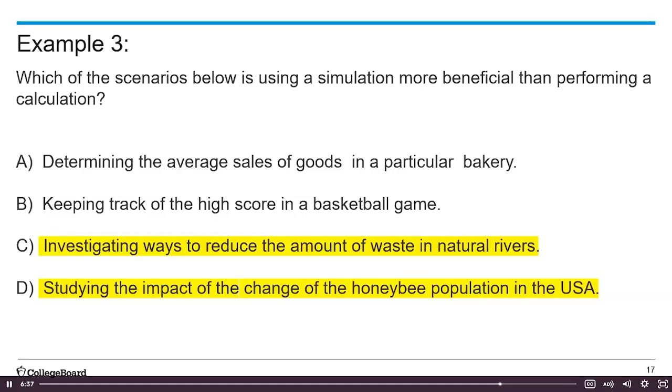But if you look at A, you're looking at average sales of goods in a particular bakery. That event occurred. You have those numbers. You can just do a straight up calculation. B, keeping track of a high score again of a basketball game. That's a calculation. Those numbers are in front of you.